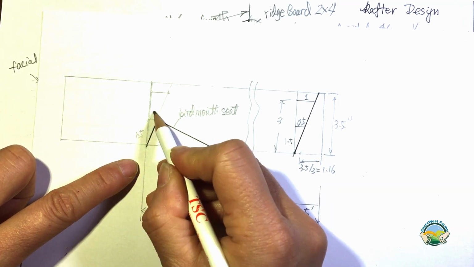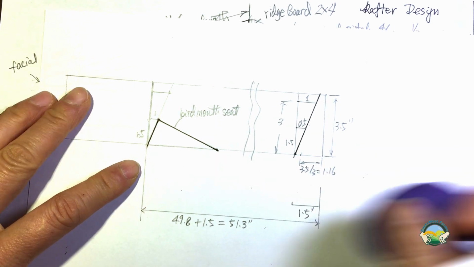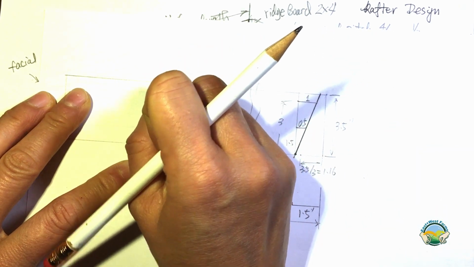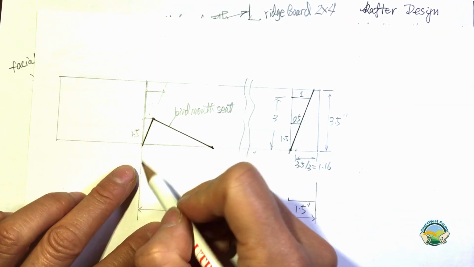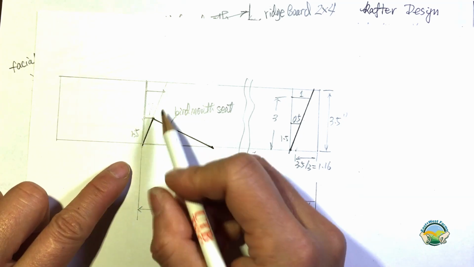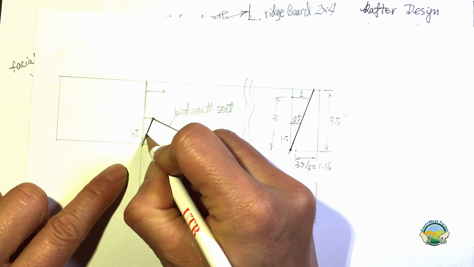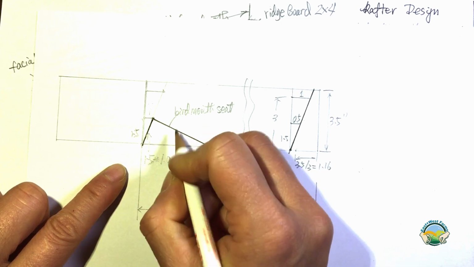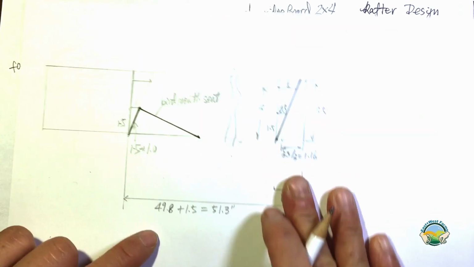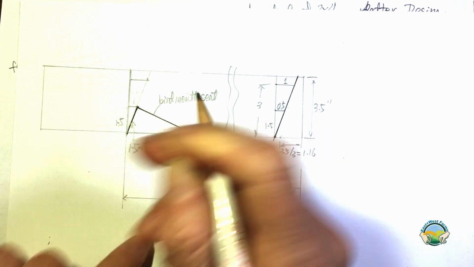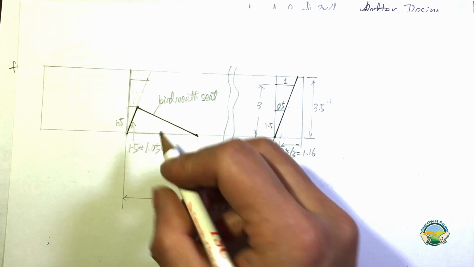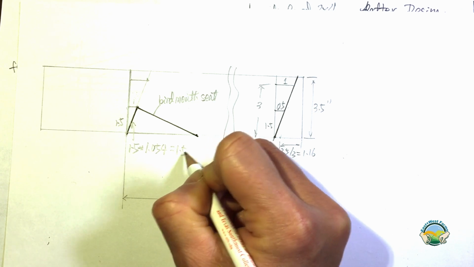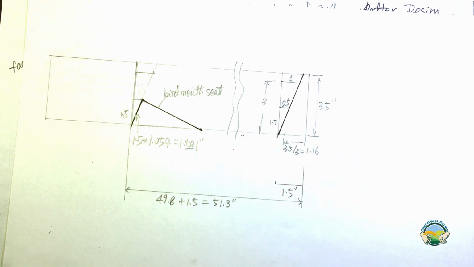So again, this is one, and that again is the ratio, the triangle. So that means this line is 1.5 times the ratio 1.054, and that gave me 1.581 inches.